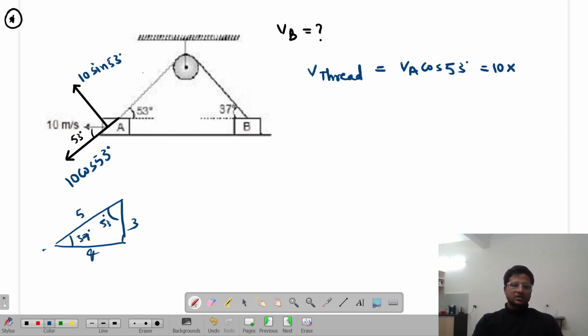So cos 53 is 3 by 5. That is 6 meter per second. So the velocity of the thread is nothing but 6 meter per second.